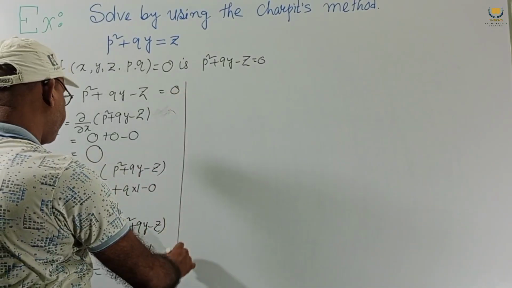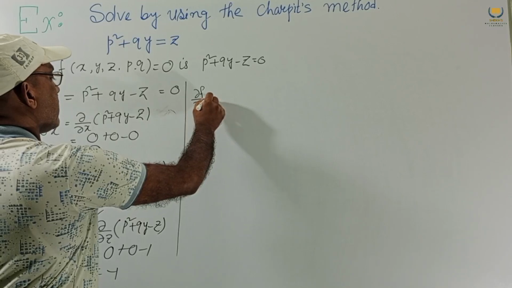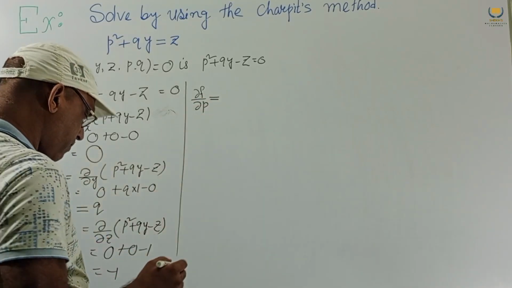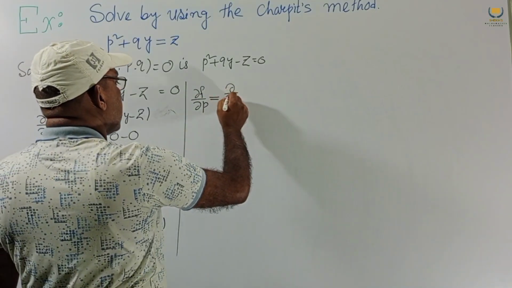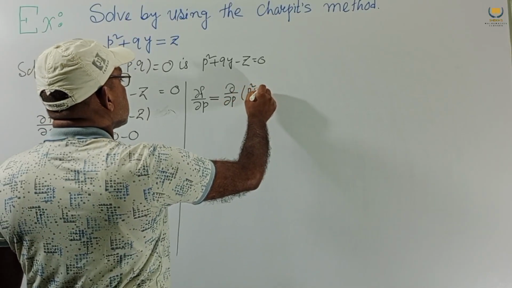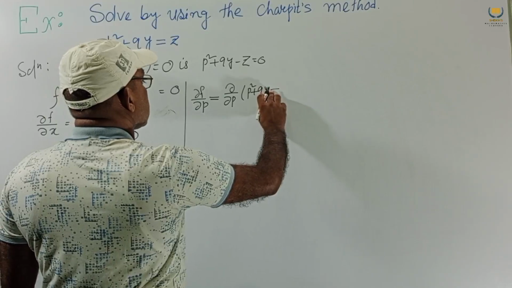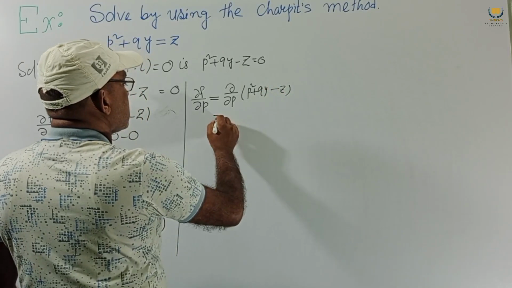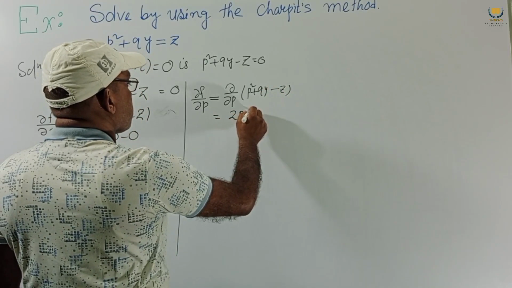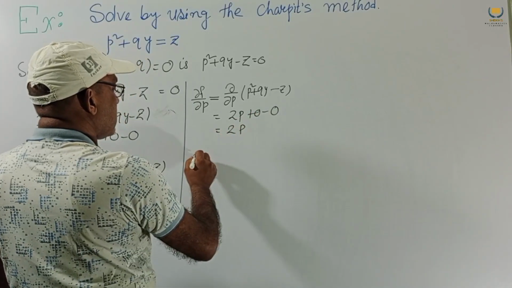Next, del f del p, differentiating p²+qy minus z, this is twice p plus 0 minus 0, this is twice p.